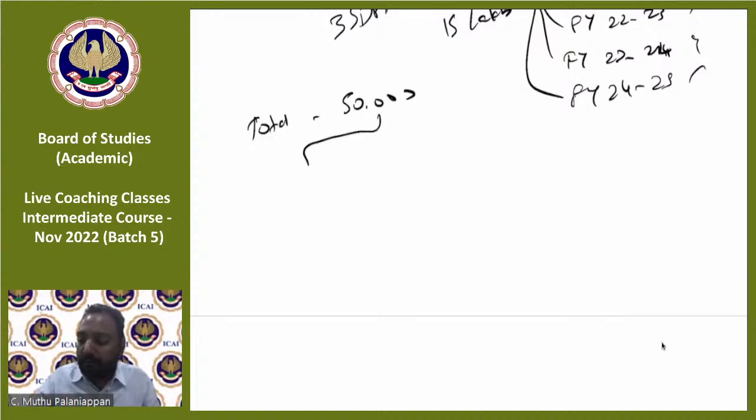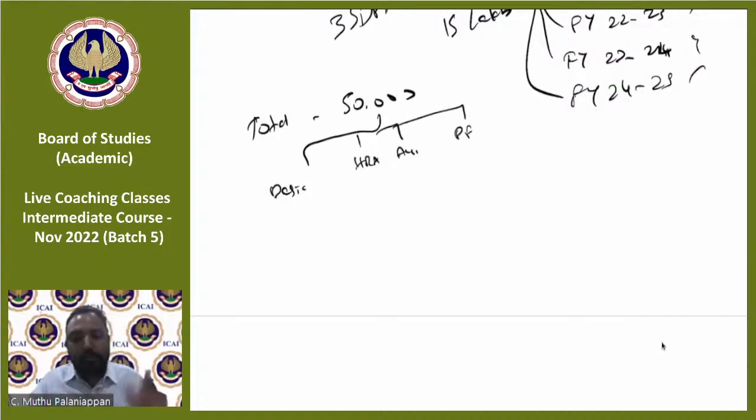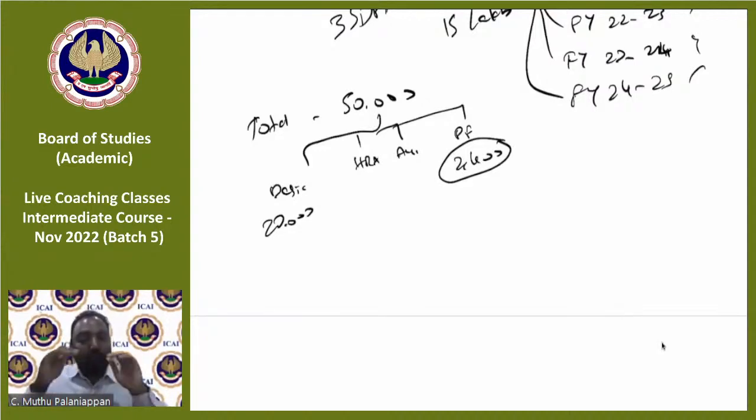Out of this 50,000, your basic, your HRA, your other allowances, and your PF. Now, this will be the breakup. Let's say that the basic is 20,000 and PF is 2,400. This 2,400 will not be given to the employee. It will be given to the PF organization.